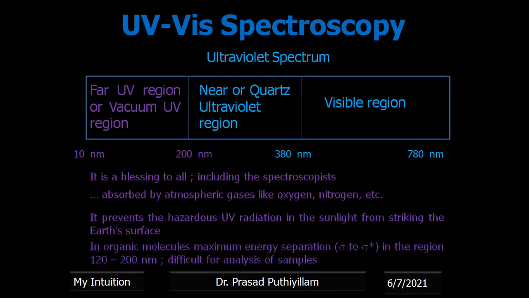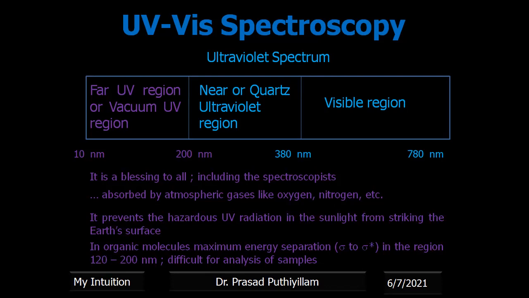In the case of organic molecules, the far UV radiations have very high energy. As the wavelength decreases, the frequency increases, and as the frequency increases, the energy increases. The far UV regions have higher energy than the near or quartz ultraviolet region. Therefore, that high energy can even cause excitation of electrons present in the sigma bond.